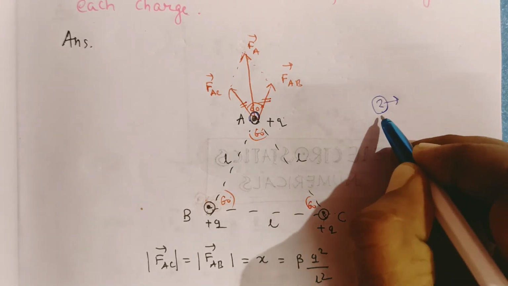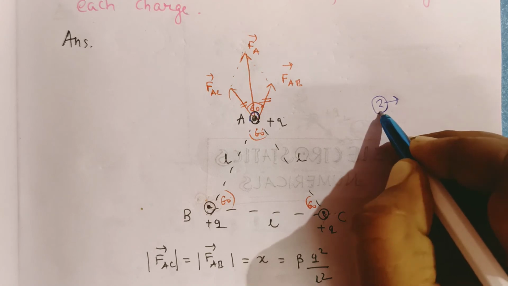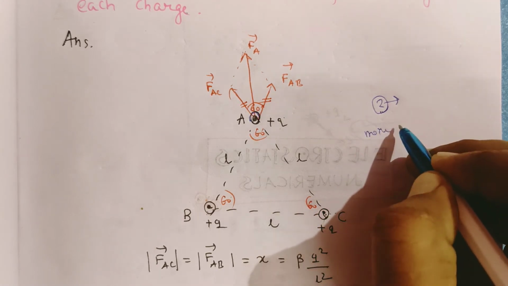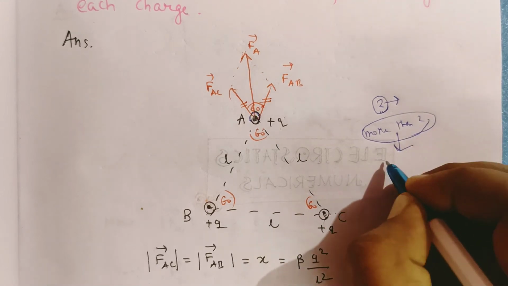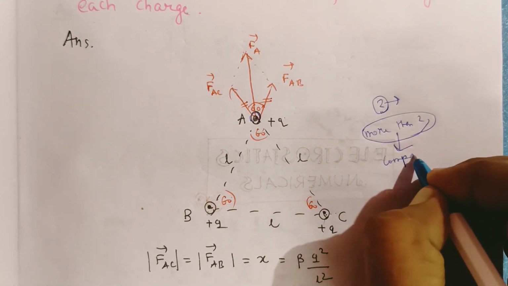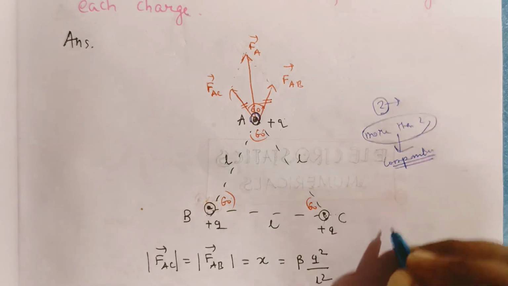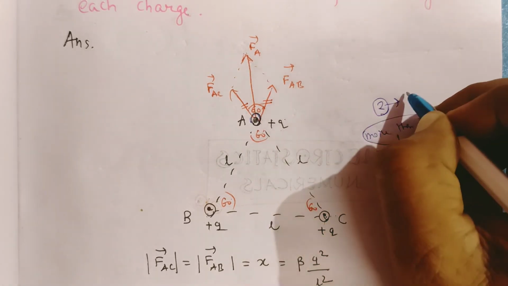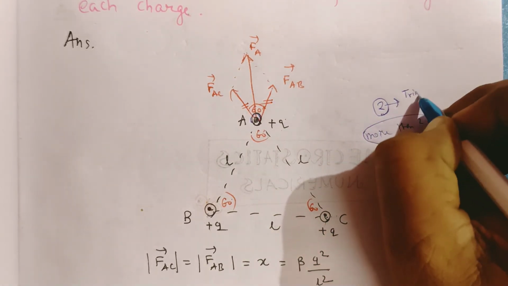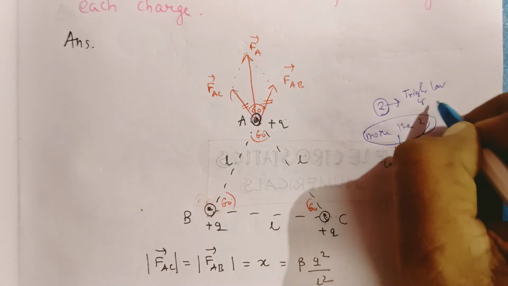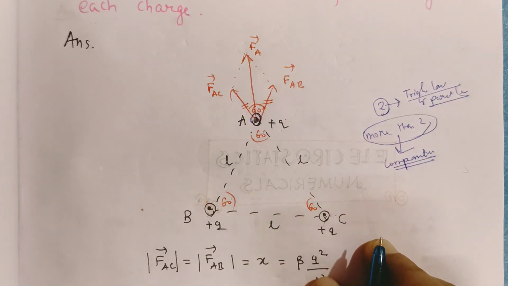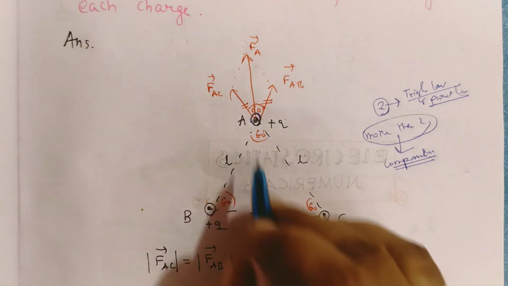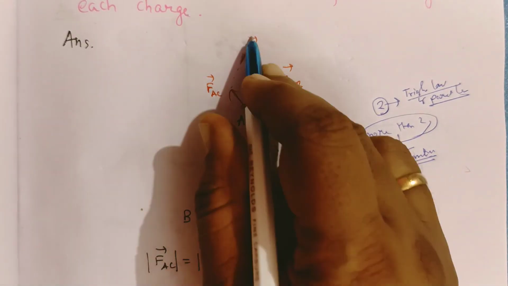Keep in mind, if it is more than 2, then you will proceed with the component method, as we did in 11th class. If it is 2, then you can use the triangle law or parallelogram law. Which one is suitable for you? Here the vectors start from the same point, so we have to draw the parallelogram law.